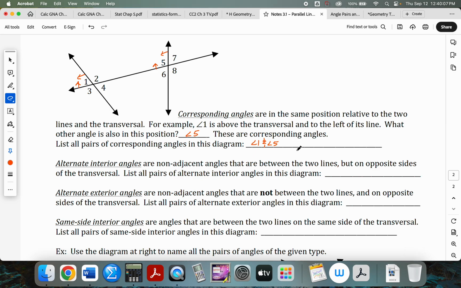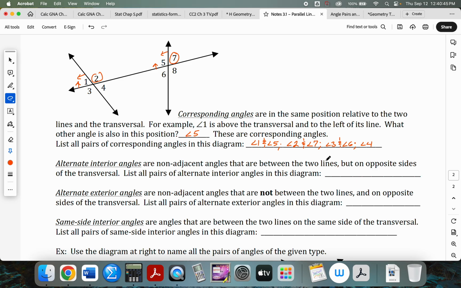All right, what other angles correspond to one another in this diagram? There are several examples. 2 and 7. Yep, angle 2 and angle 7, very good. 3 and 6, yep. 4 and 8. Wait, how is 2 and 7? 2 is in the top right, 7's in the top right.